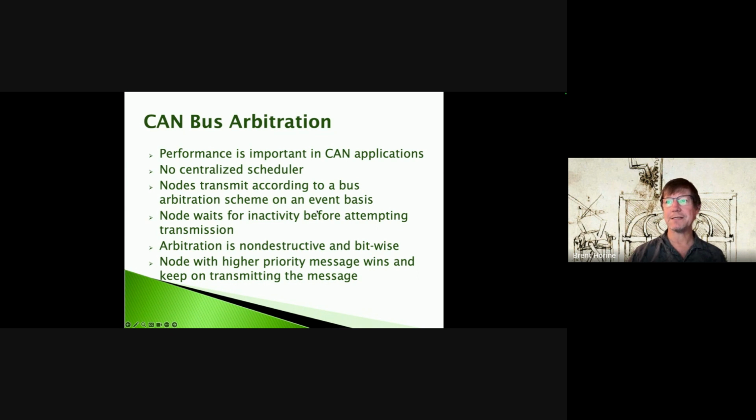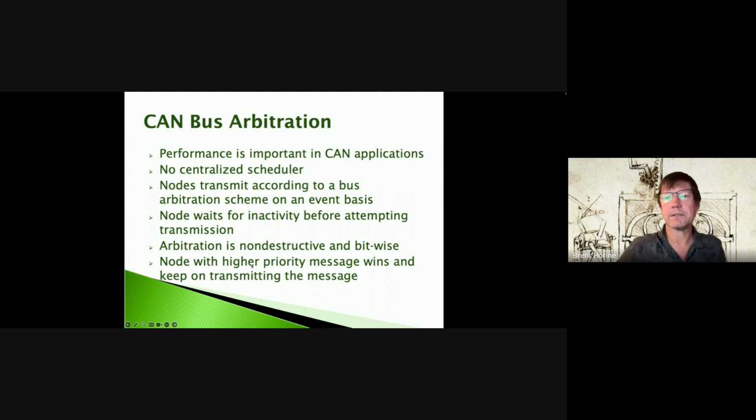On an event basis, when you need to talk, you're going to try to talk, but you're going to monitor whether someone else is trying to talk at the same time. So what we need to do is wait and monitor that bus for inactivity for a certain period of time before attempting transmission. Then we're going to start trying to talk, but we're going to go through this arbitration process, which is non-destructive and bitwise.